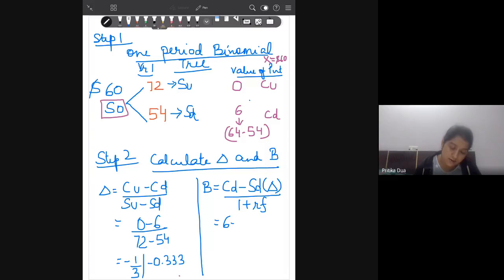It will now be 6 minus 54 by 3, and our risk-free ratio was 1.03 for period 1. So we write it like this. So now you can calculate what is the value of B coming to.